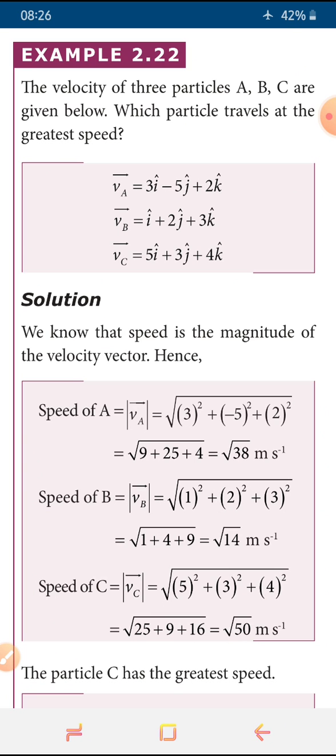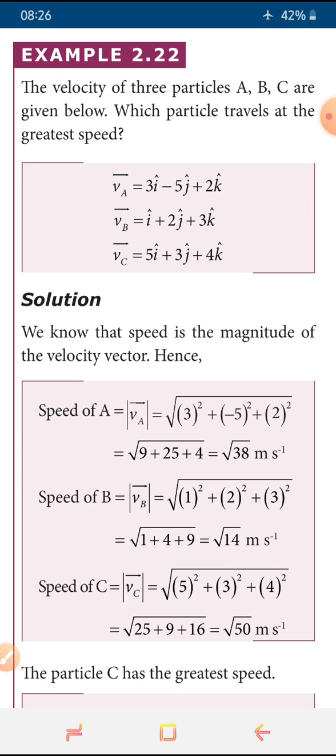VA vector is given as 3 i cap minus 5 j cap plus 2 k cap. VB vector is given as i cap plus 2 j cap plus 3 k cap. And C is given as 5 i cap plus 3 j cap plus 4 k cap. And from this we are finding the solution.